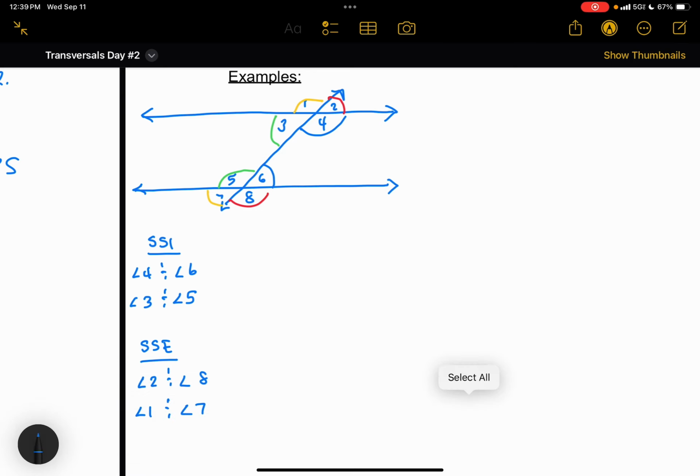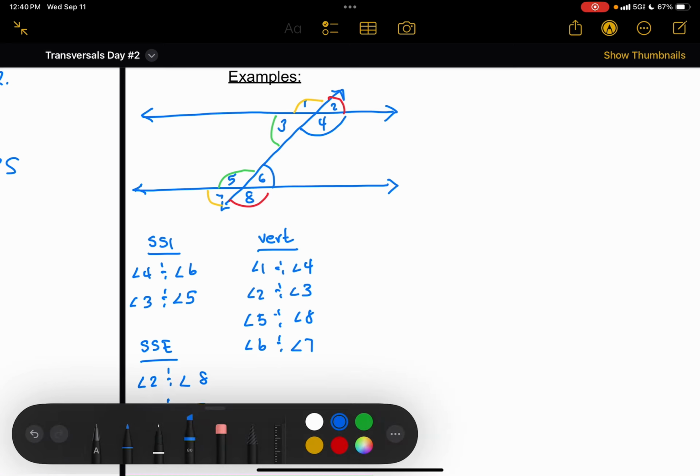Our vertical angles, this is kind of like the corresponding ones because we have a bunch of them, right? So vertical angles, I have angles 1 and 4, angles 2 and 3, angles 5 and 8, angles 6 and 7. We're going to do these in highlighter this time.